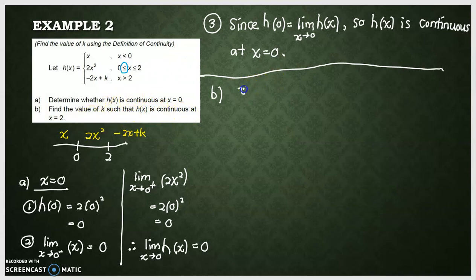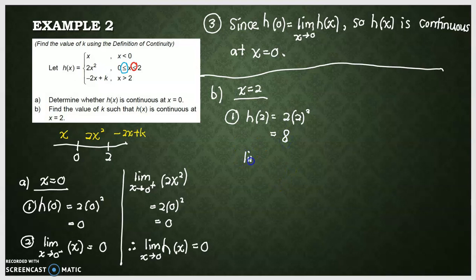So now it's x equals 2. Same, we have to start from the first condition, h(2). So 2 is included in the second interval. So the function is 2x squared. So here we should have 2 squared is 4, 4 times 2 is 8.